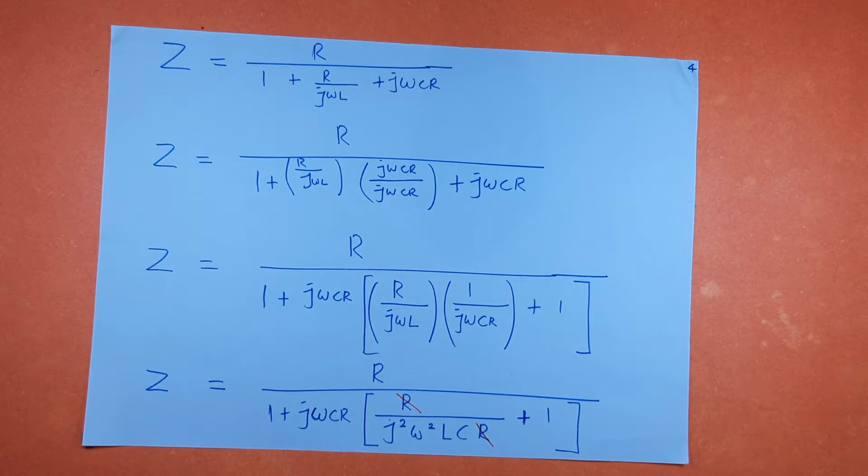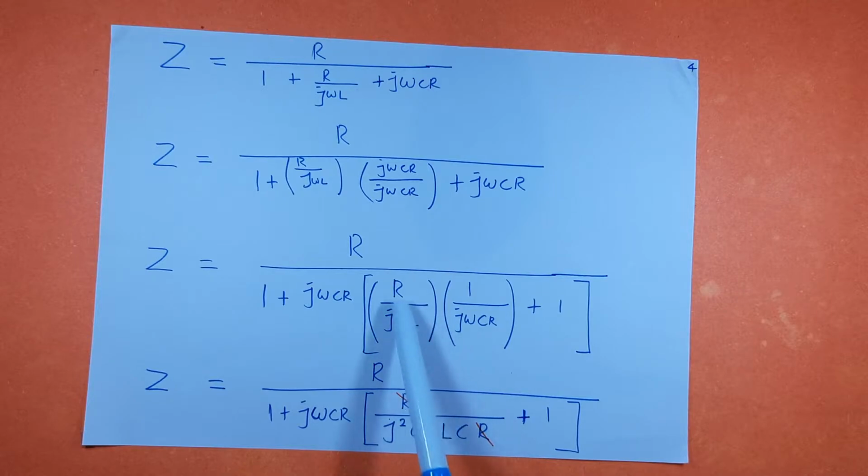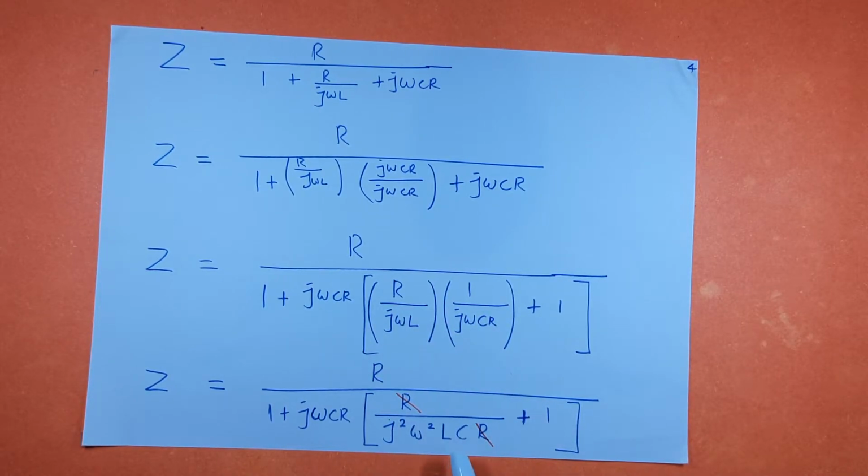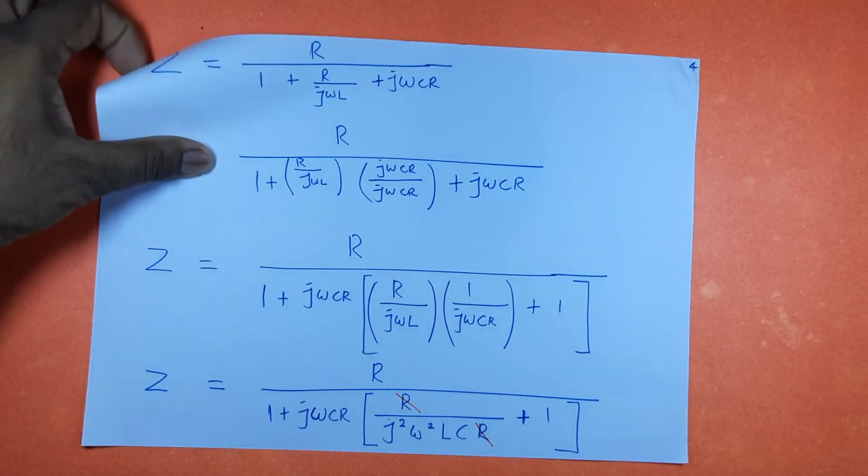Z equals R divided by 1 plus j omega CR. So this is R divided by j square omega square LCR. So this R and R get cancelled.